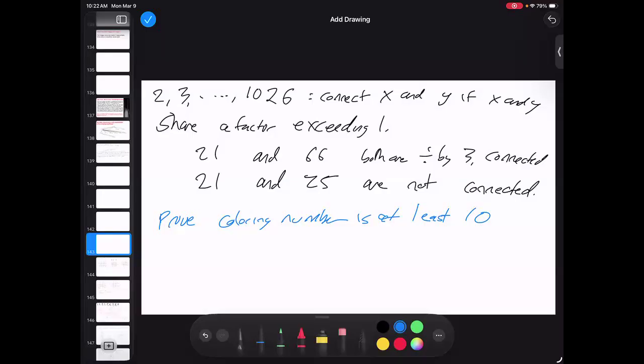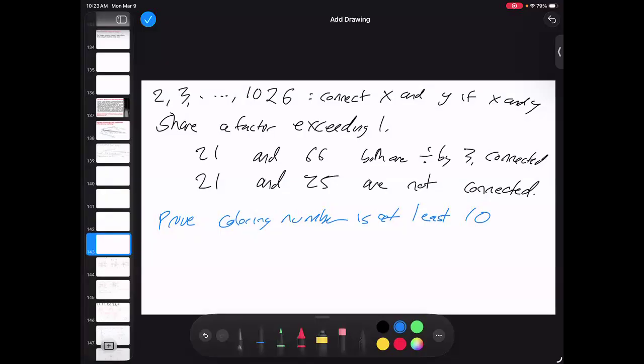Okay, 2, 4, 8, 16, 32, 64, 128, 256, 512, 1024. So this is just a little bit more than 1024. More than a decade ago, the game 2048 was popular for a while. So we have 2, 4, 8, 16, 32, 64, all the way up to 1024.